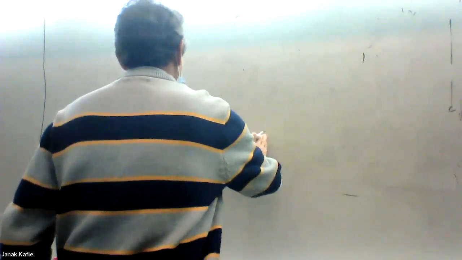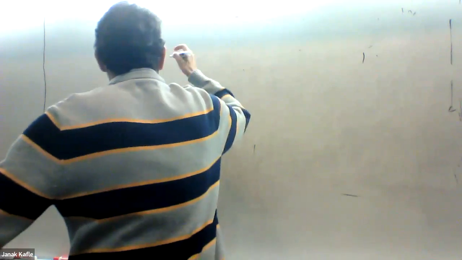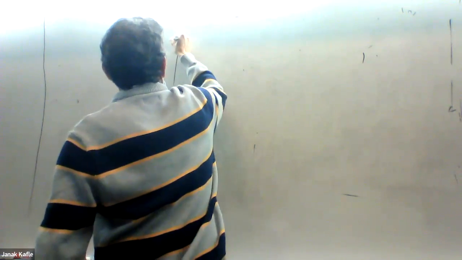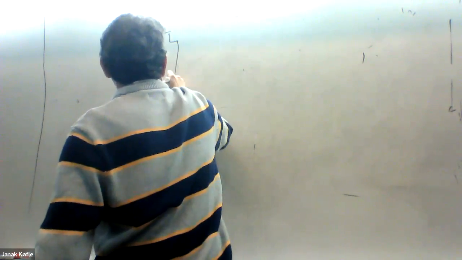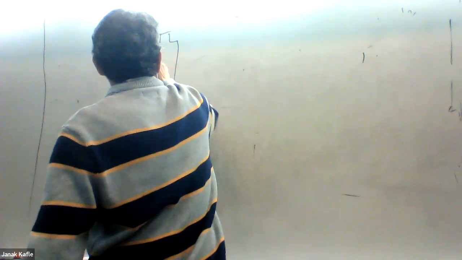So here is an important, not that important, but a solubility test. So I give you some compound. In the laboratory, you go and find a bottle of, let's say, copper sulfate.